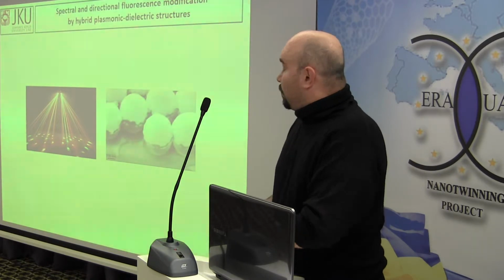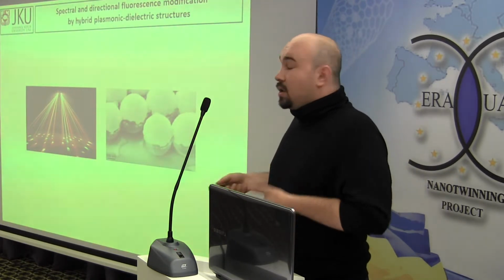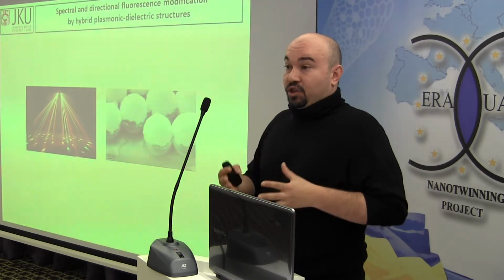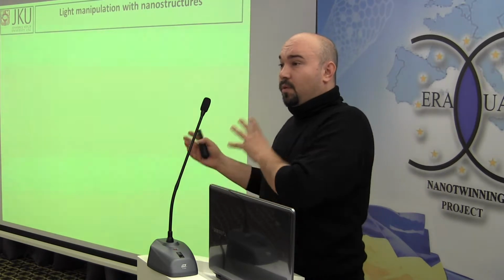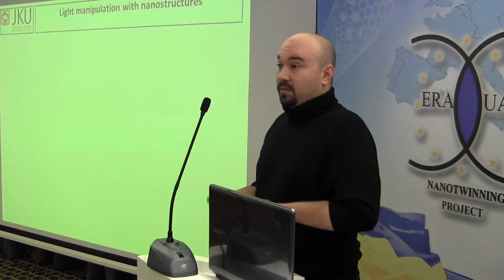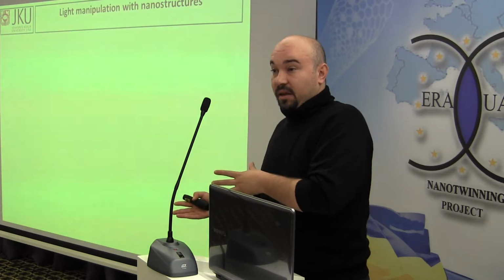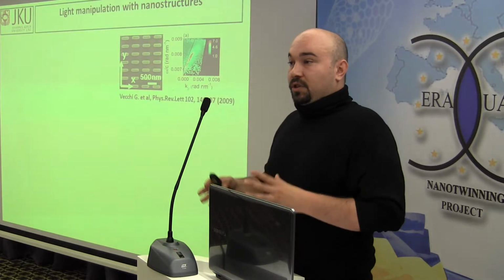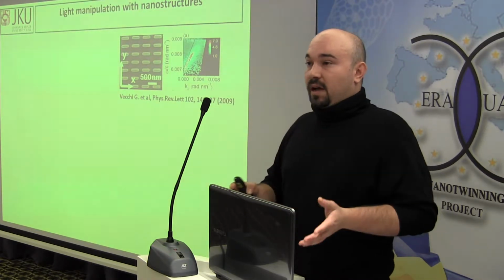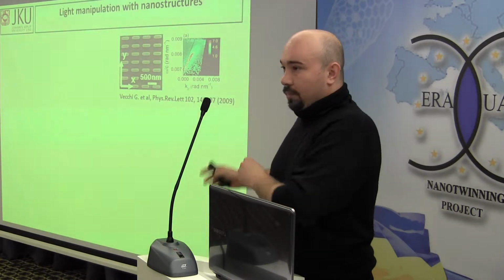Okay. We went now to larger area arrays in order to spectrally and directionally reshape the emission. Also, small particles can reshape the fluorescence emission, but when you think about a device, you need large-scale arrays. So in the literature, there are lots of arrays which can reshape the fluorescence emission, either directionally or spectrally.